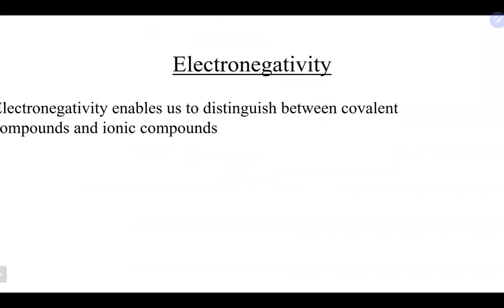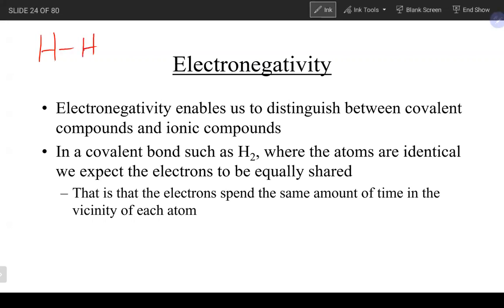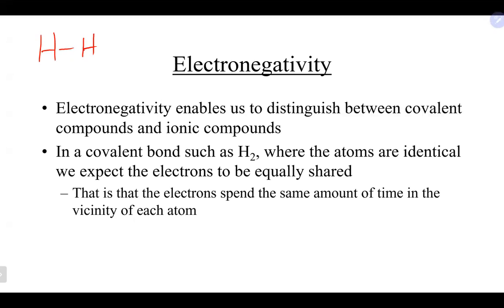So when we look at a bond like we've seen between two hydrogens, because those hydrogens are the same element, we would expect the electrons to be attracted to this hydrogen pretty much the same way they're attracted to the hydrogen on the left.